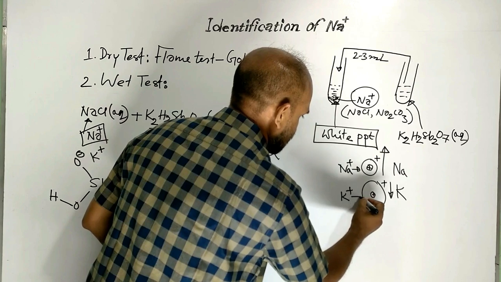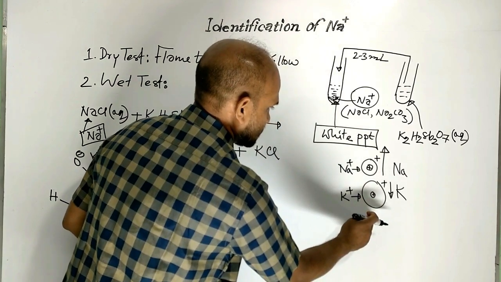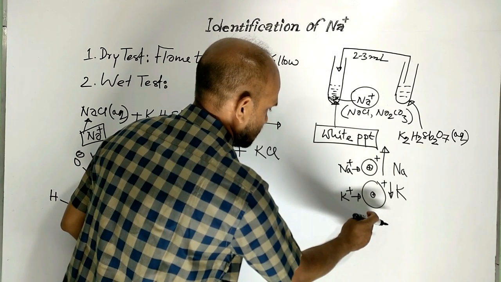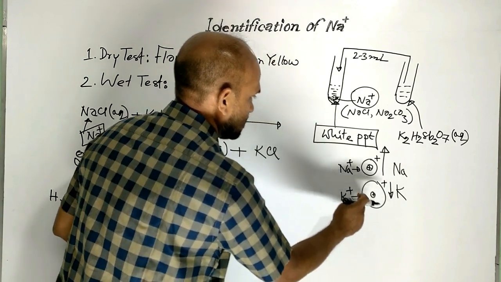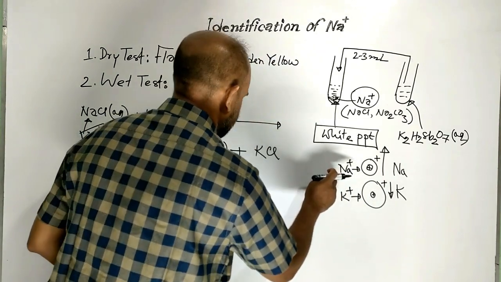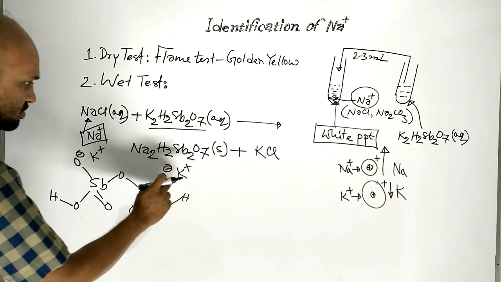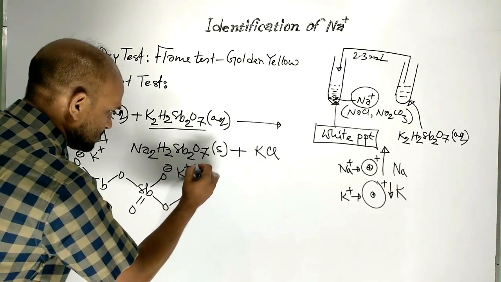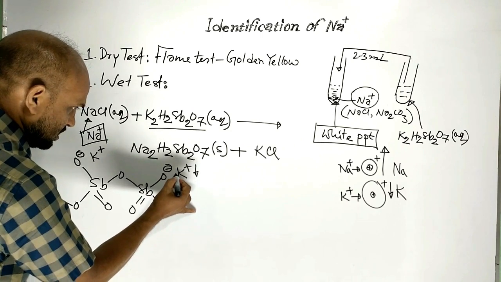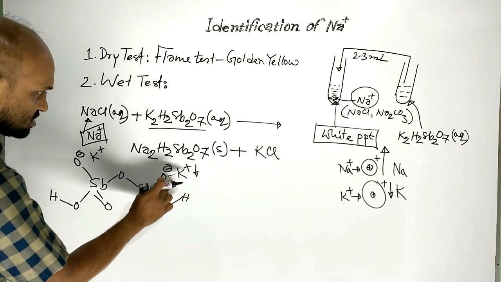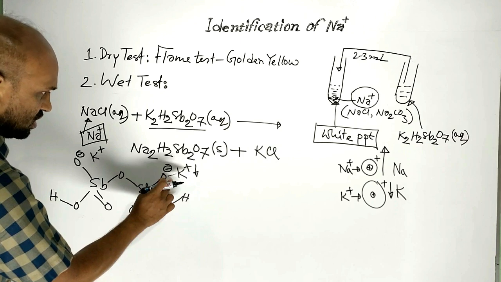In potassium ion, comparatively charge density is lower because potassium ion is bigger in size compared to sodium ion. So here, in case of potassium ion, charge density is lower. That is, here the attraction force will be lower.